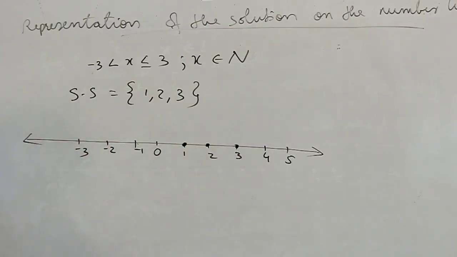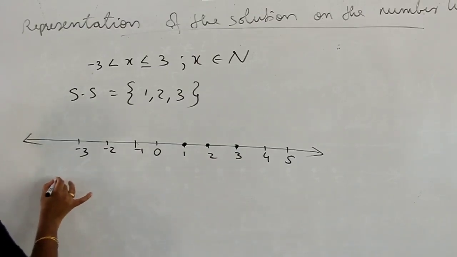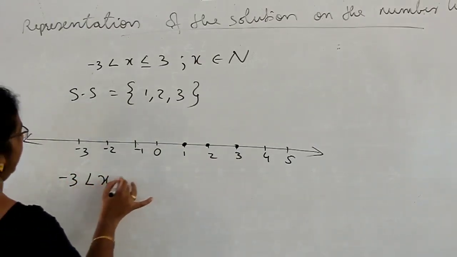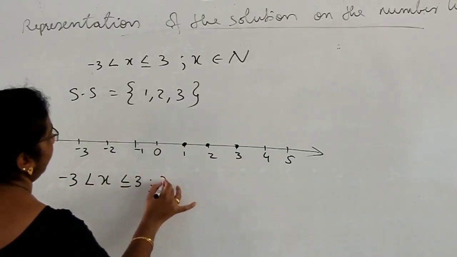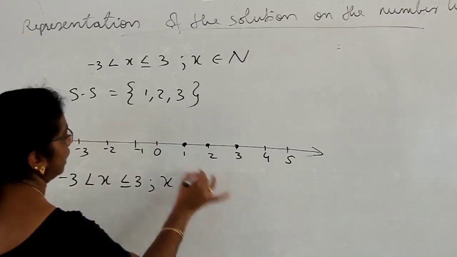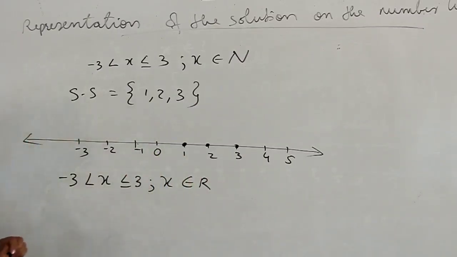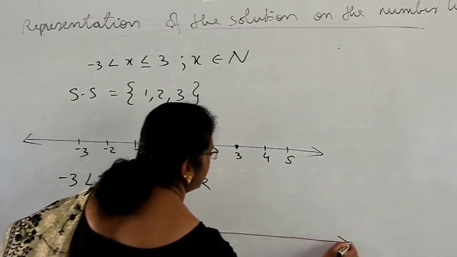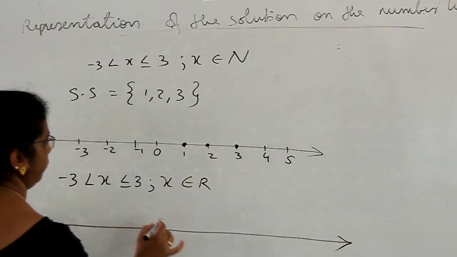Next, in case of real number, minus 3 less than x less than or equal to 3, x belongs to real number. So in the real number case, we can represent this solution set.